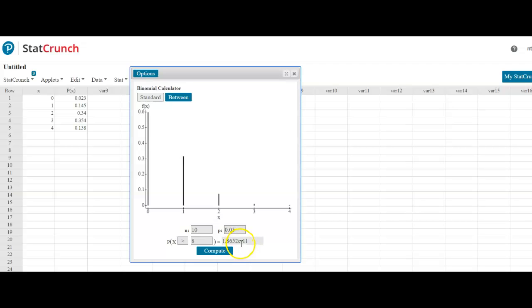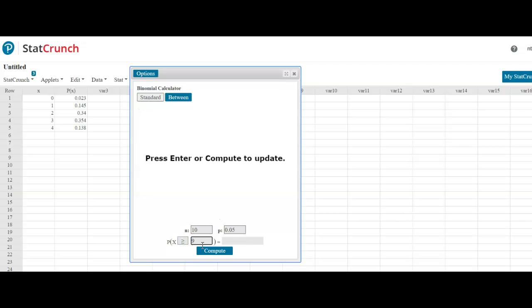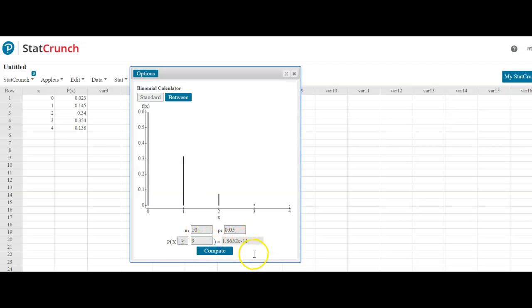Now this E means scientific notation, so this would be 1.8, or I would round that to 1.9, times 10 to the negative 11th power. What is after the e is the exponent on the 10 when you convert this to scientific notation. So you could type that question in just like that, or you could do a greater than or equal to and make that a 9. You'll see that it gives you the same probability.